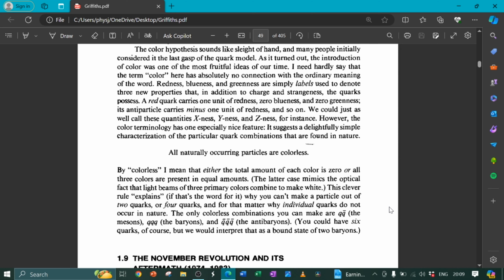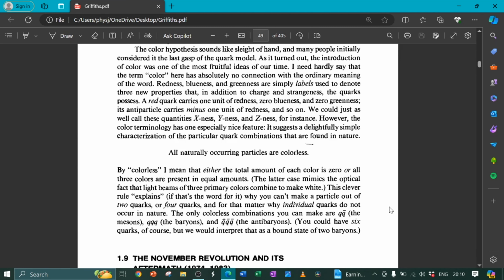Redness, blueness and greenness are simply labels used to denote 3 new properties that, in addition to charge and strangeness, the quarks possess. A red quark carries 1 unit of redness, 0 blueness and 0 greenness. Its antiparticle carries -1 unit of redness and so on. We could just as well call these quantities xness, yness and zness, for instance.